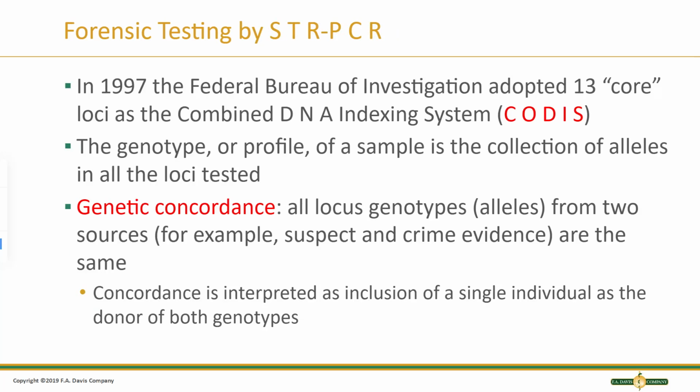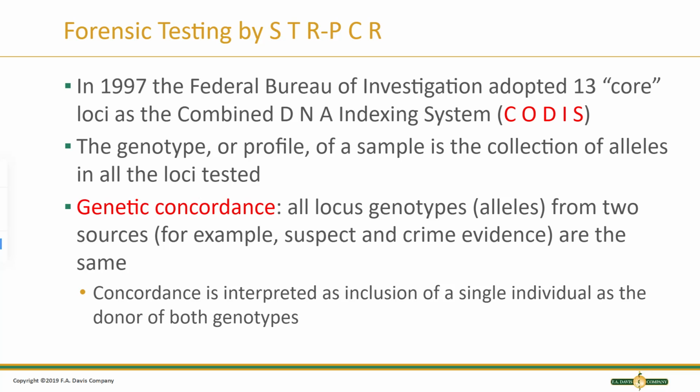Forensic testing by STR-PCR. In 1997, the FBI adopted 13 core loci as the Combined DNA Index System, CODIS. The genotype or profile of a sample is the collection of alleles in all the loci tested. Genetic concordance: all locus genotypes or alleles from 2 sources, for example, the suspect and the crime evidence, are the same.